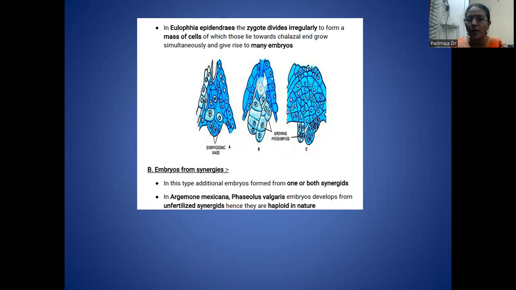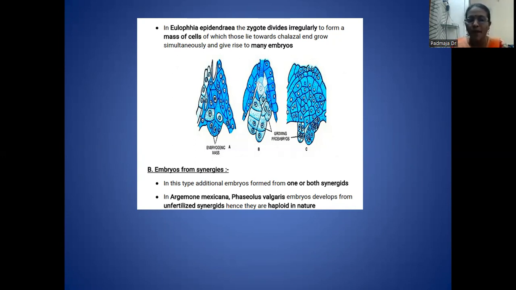These embryoids may develop into embryos. For example, in tissue culture, we give hormones to develop embryos from the callus. But in natural conditions, the zygote itself is dividing and giving rise to embryos. Such a condition is called cleavage polyembryony.